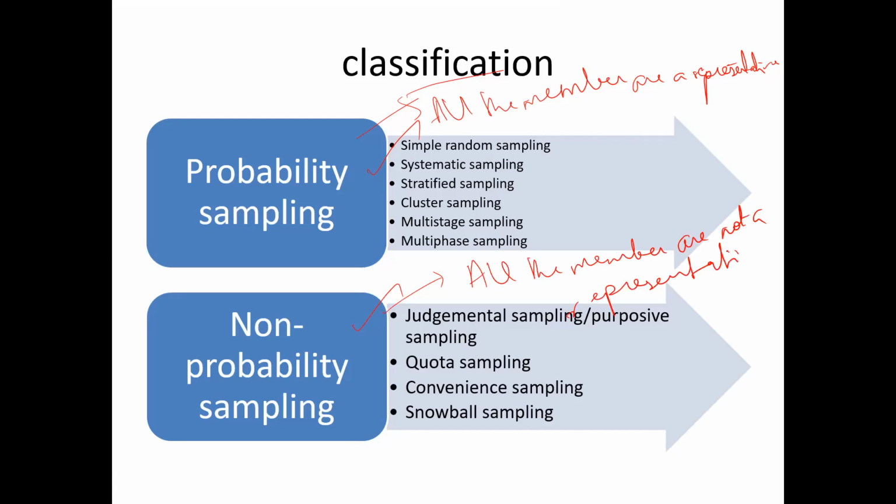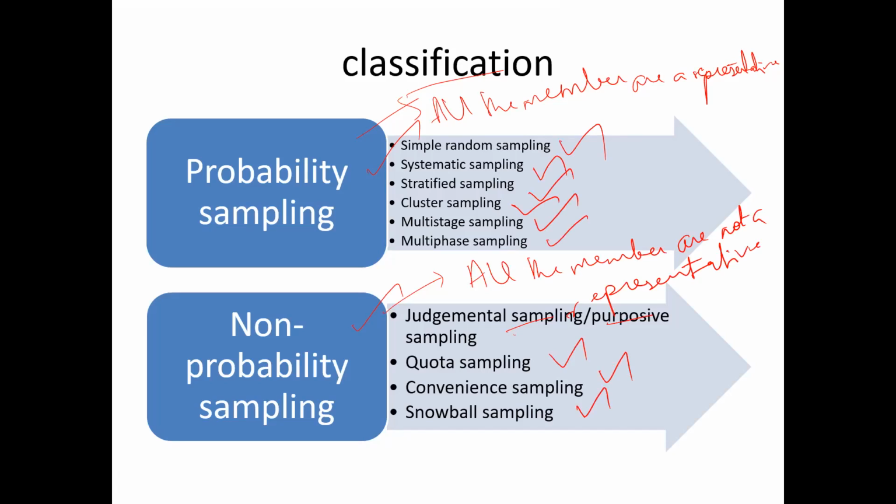This is the main difference between them. In probability sampling, there are 6 types: simple random, systematic random, stratified random, cluster random, multistage and multiphase. In non-probability sampling: judgmental or purposive, quota, convenience, and snowball sampling.